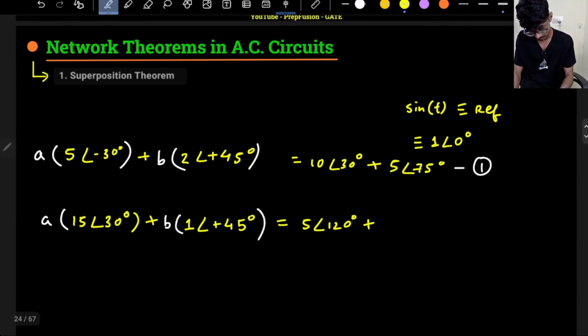So this will be plus 125, 15 angle plus 135. This is the equation 2.